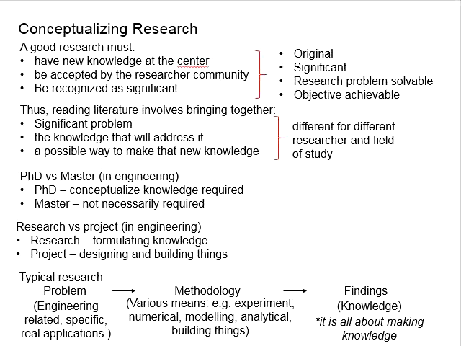As for the project, it normally involves designing and building things for some applications in order to solve an engineering problem. Of course, we are referring to engineering research and engineering projects.